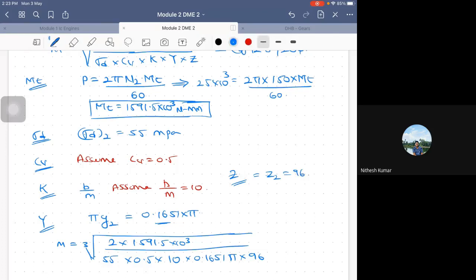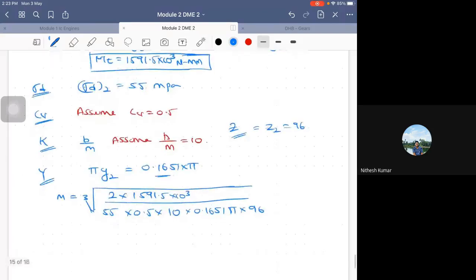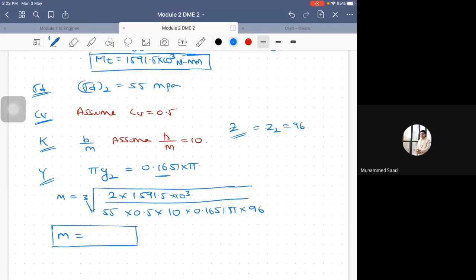Very good. So now give me the module based on our initial calculations. What module? 6.15 mm. Now, what is the next step? Once I got the module, what should I do?